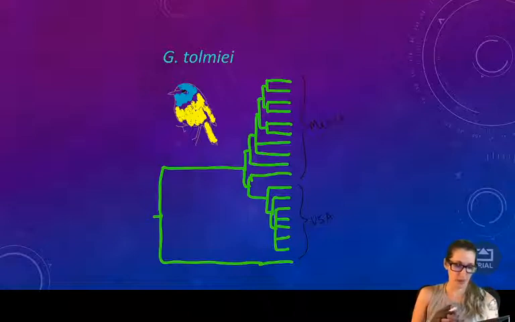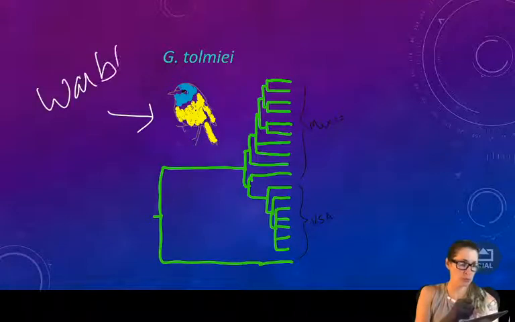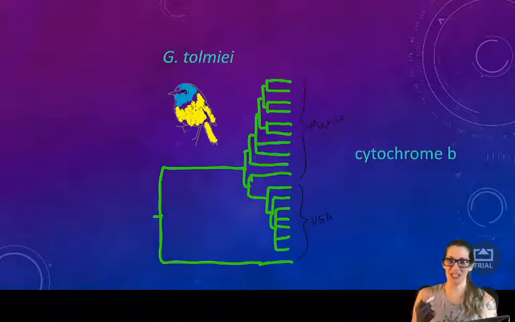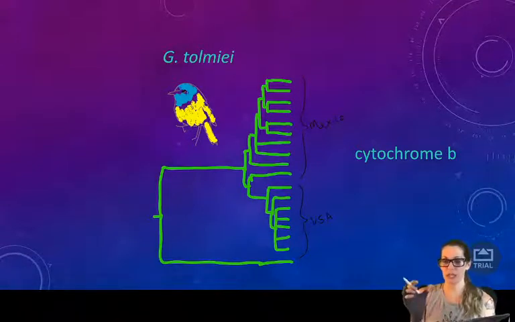Next, we have this warbler, this bird here. A gene that is really, really commonly of interest is a gene called the cytochrome B gene, and it's in the mitochondria. It's a section of the mitochondrial genome.